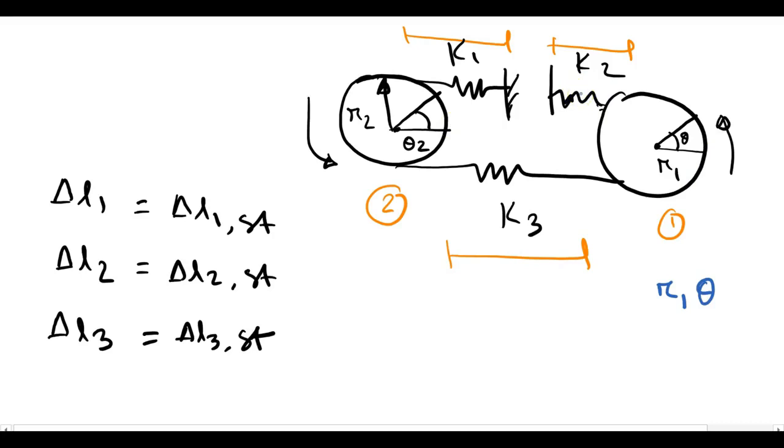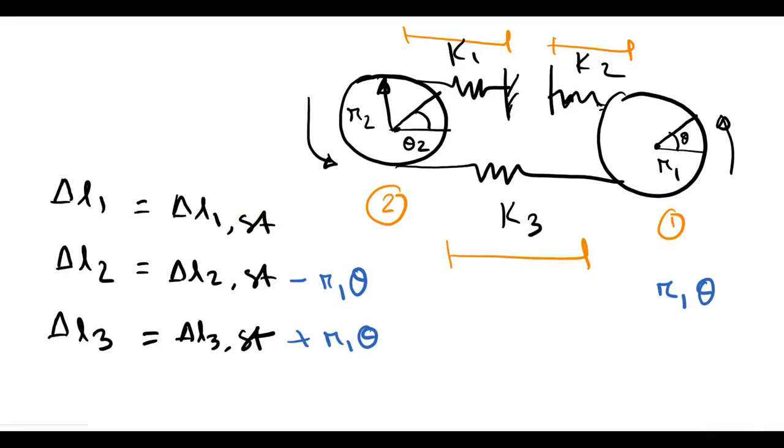So for the K2 equation, we write negative r1 theta, negative because it is shortened; r1 theta is the displacement of pulley 1. In the case of spring 3, it will be extended, so we write positive r1 theta, and there will be no effect on spring 1, so we don't write anything in this spring equation.